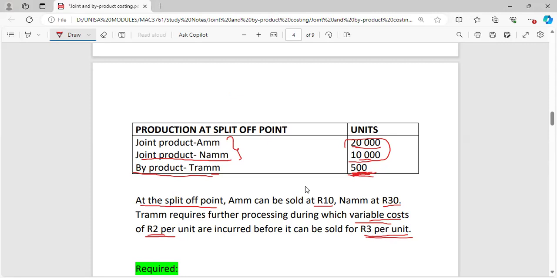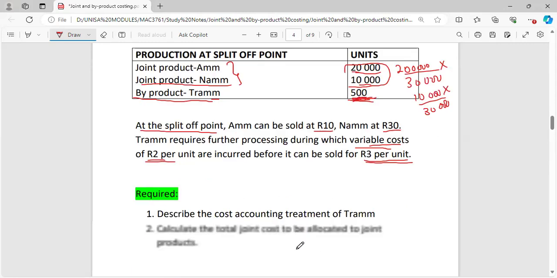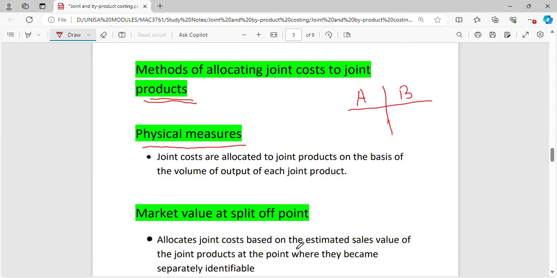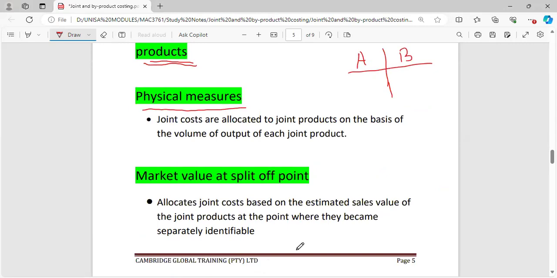So for ARM it's going to be 20,000 over 30,000. Then for NAM, it's going to be 10,000 over 30,000. Multiply by the joint cost. That's how you allocate using the physical measure. So always be on the lookout in the question for which method you are going to use to allocate joint cost to joint products.